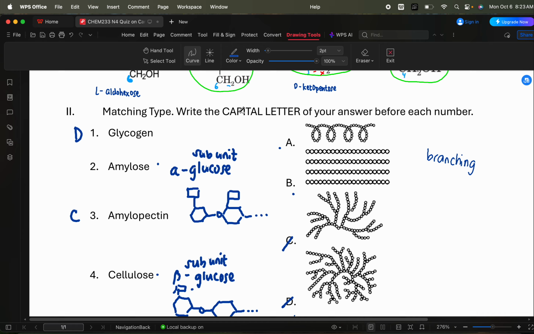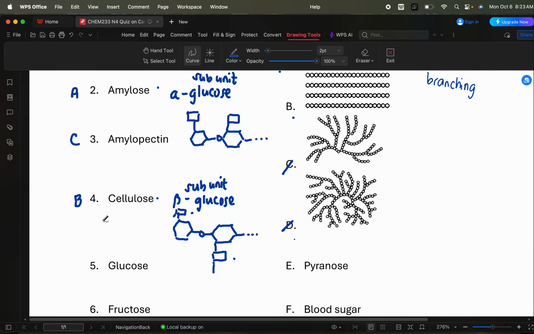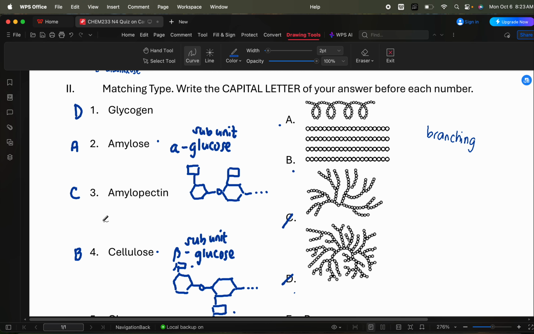So that leaves us amylose as A and cellulose as B. So that's for items 1 to 4.